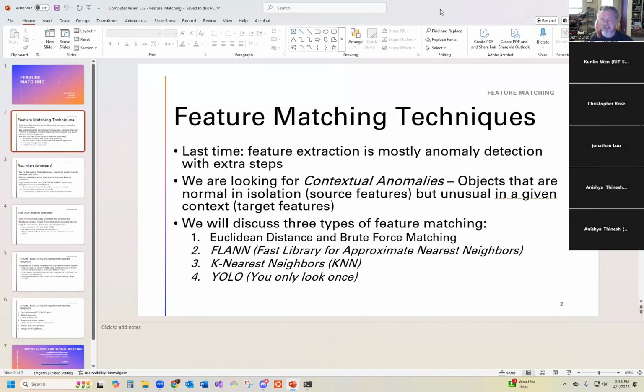So we calculate our SIFT or SURF feature vector for the object we want to detect. People usually talk about soccer balls, and we've talked about that a lot. Then you have your SIFT, SURF or ORB outputs inside of the image.